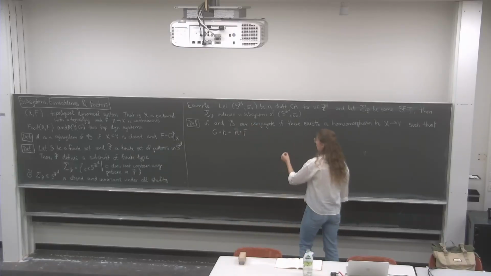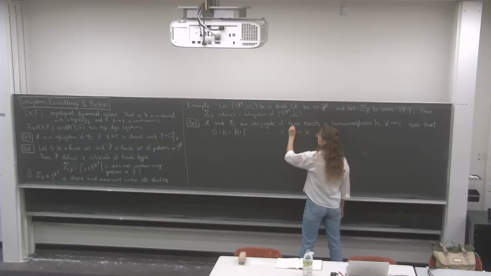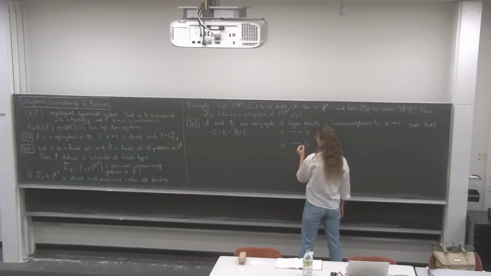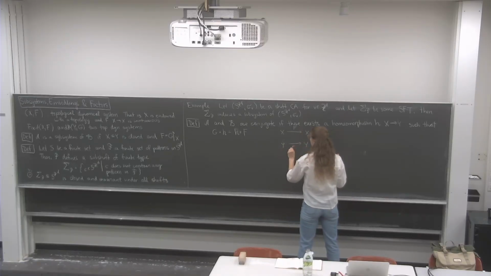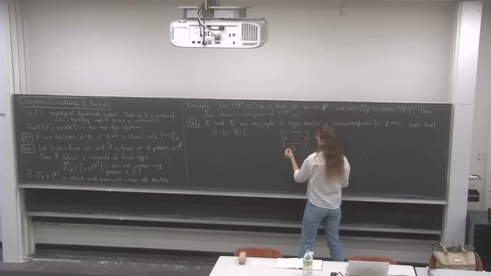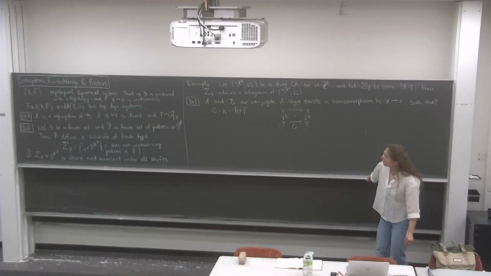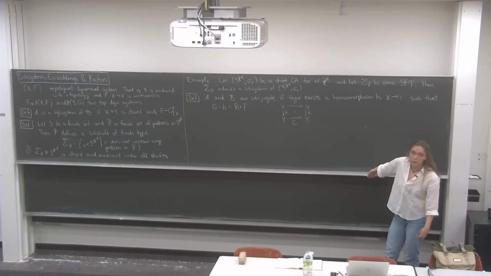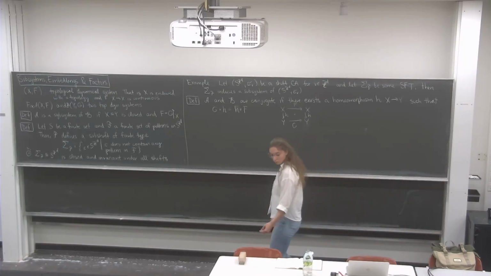If you like commuting diagrams, we can also draw it like this. This is Y. Here is G, and here is H. You will also have a chance to understand some basic properties that are invariant under conjugacy, but it's pretty natural.